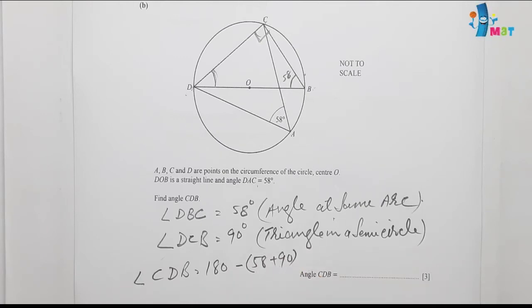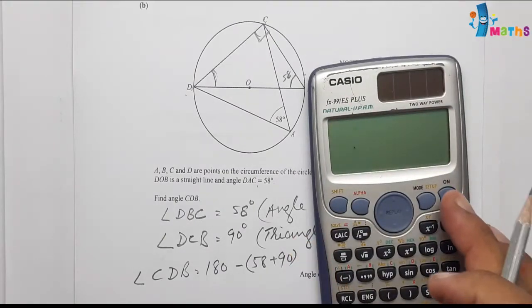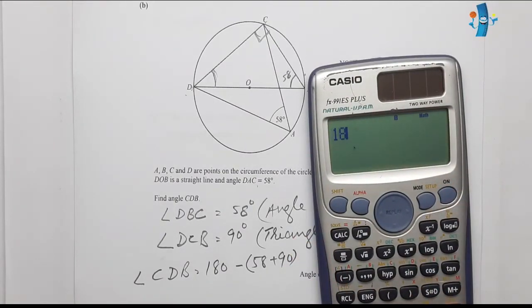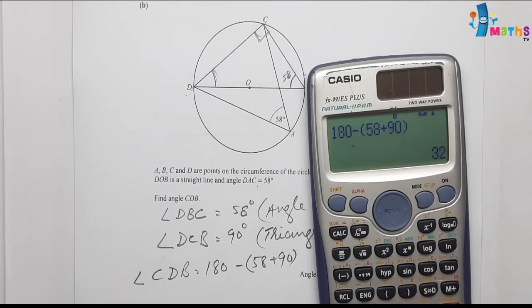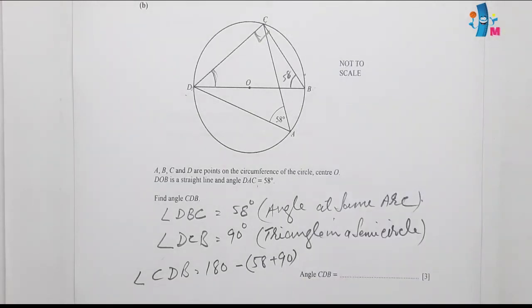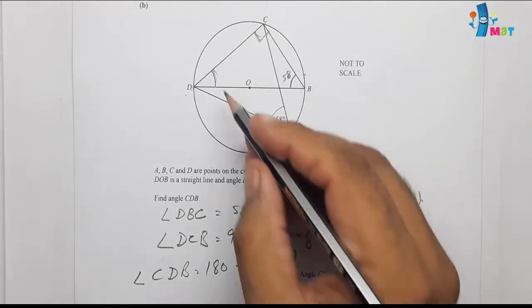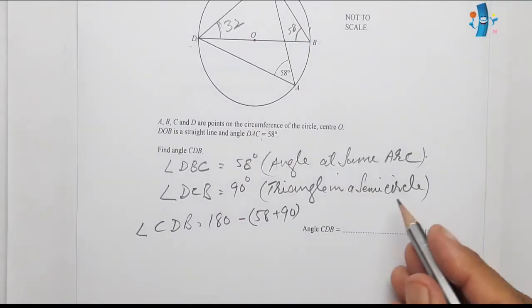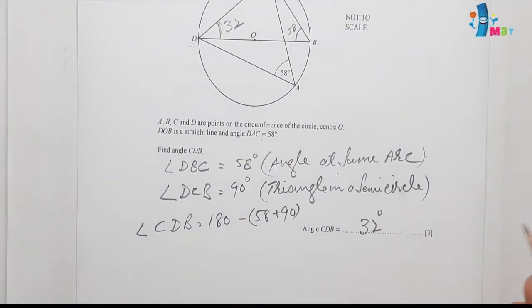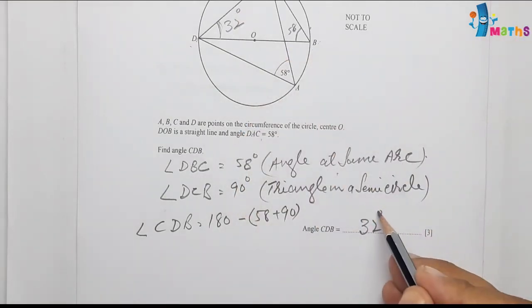So we can use a calculator to solve this. So 180 minus 58 plus 90, this will be equal to 32. So we can write down this angle as 32 degrees. So this one is 32 degrees.